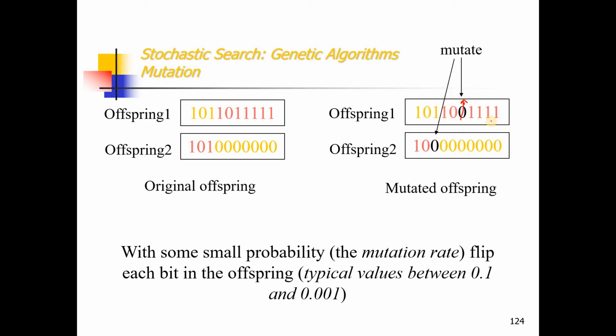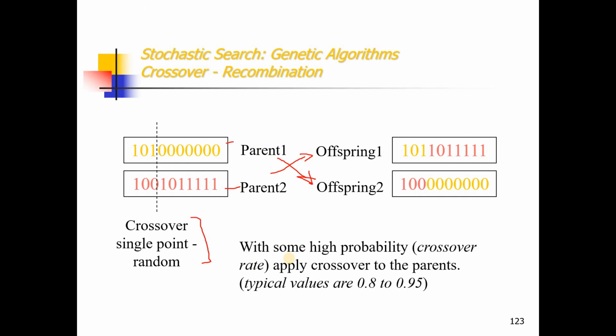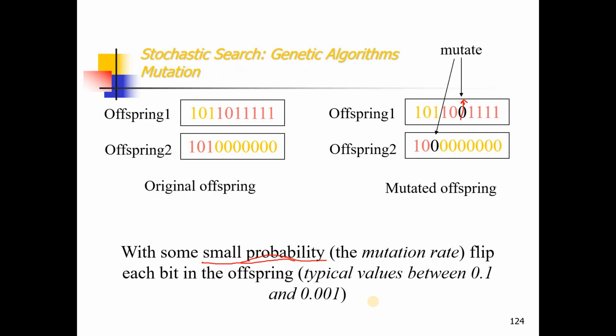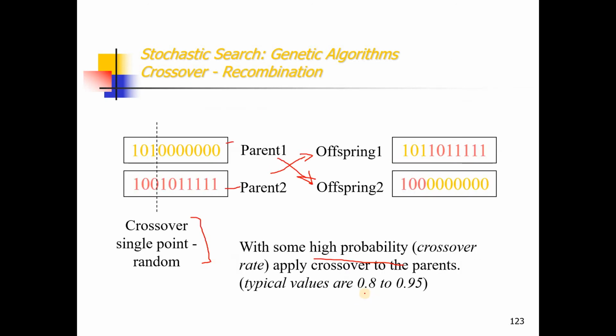So mutation is not very common. It is only done for one or two of the whole set. Clear? So with some small probability. Remember that for crossover the probability was high. It is done for everyone. All the parents get crossover, and very few are left which are not crossed.